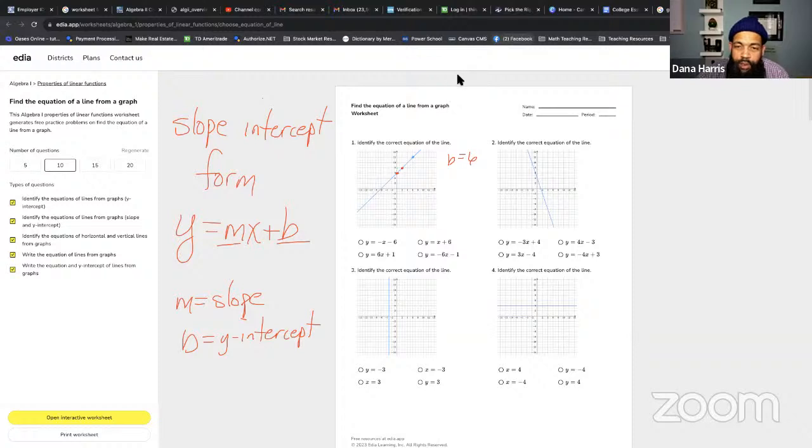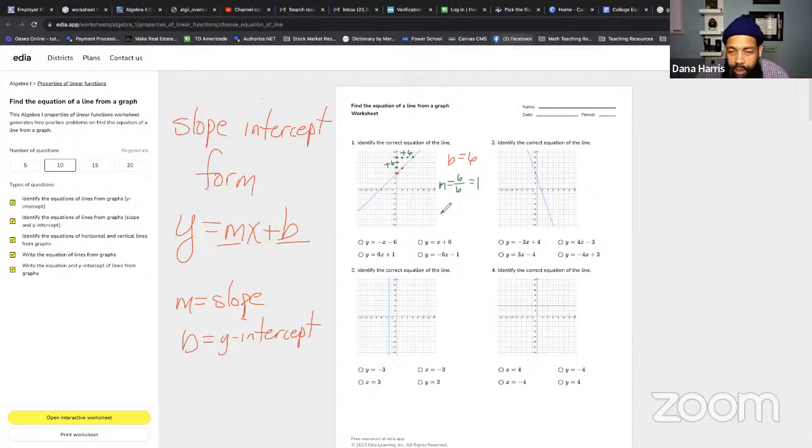Let's say I wanted to go from the y-intercept up to this blue point, which is at (6, 12). Then I can say up 2, 4, 6, and I go to the right 2, 4, 6. So I say plus 6, plus 6. That tells me my slope is 6 over 6, which equals 1. Okay, so now I have my slope, which is 1.